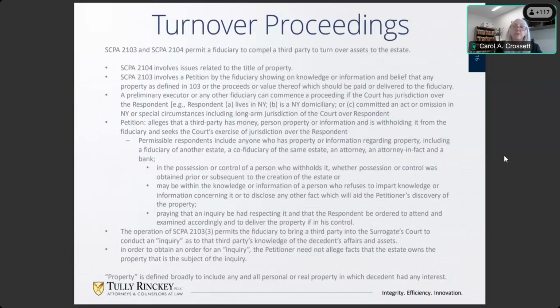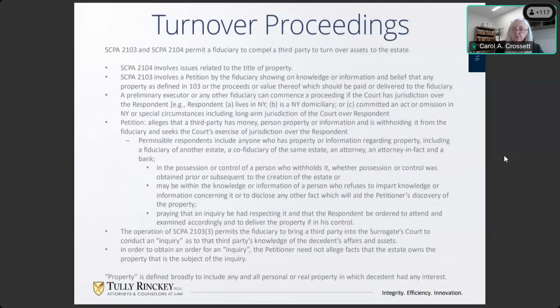And again, in that case, the assertion is that the respondent is not cooperating. They're failing to impart their knowledge of information concerning it, or disclosing who has it, who is in possession of the property.